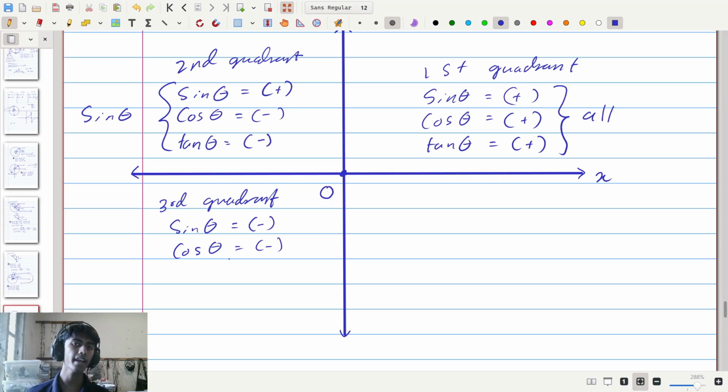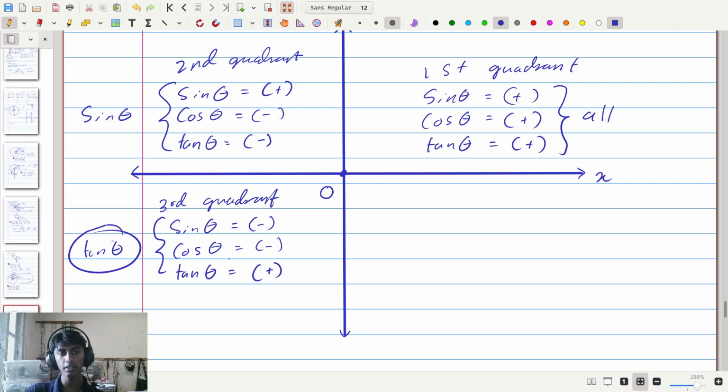But because tan theta is sine theta divided by cos theta, which is a negative number divided by a negative number, tan theta is actually a positive number within this quadrant. So within this quadrant, the only positive one is tan theta. So we say that tan theta is positive, or just simply we say in the third quadrant tan theta is the one. Which one? The one that's positive.